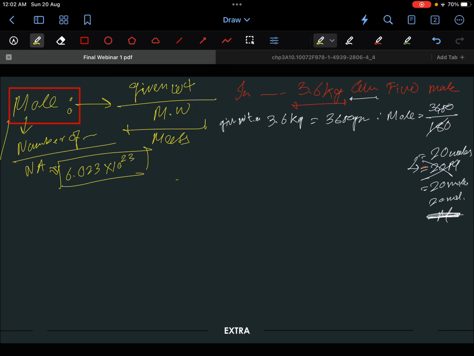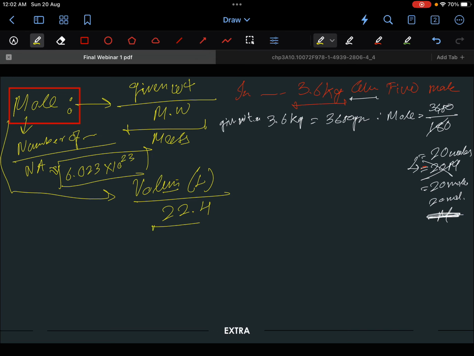And what happens when the data is given in volumes? Just convert the given volume into liters. Remember, the unit is always liters, divided by 22.4. Why do we have to convert the volume into liters?